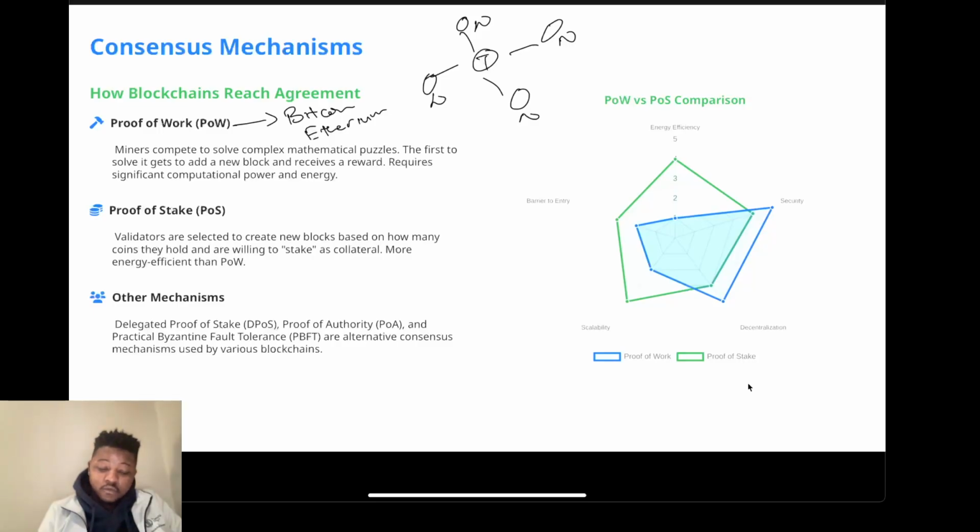The first to solve it gets to add a new block and receives a reward, in the form of a crypto, which requires significant computational power. Then we move on to proof of stake, where validators are selected to create a new block based on how many coins they hold and are willing to stake as collateral.